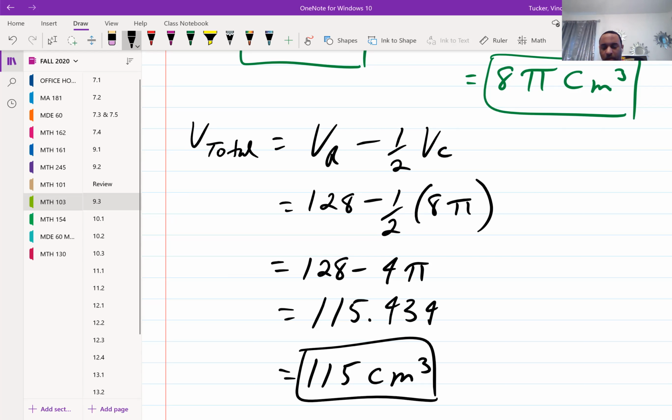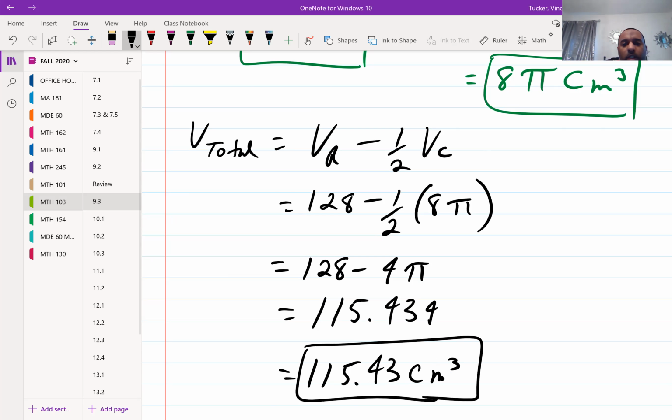Minus 128. Did it say round to the nearest unit? Oh, hundredth of a unit. How did I miss that? So that's 434. Yeah, okay. So now they said hundredth of a unit, so it's 4.43. But yep, so that's how you do it.